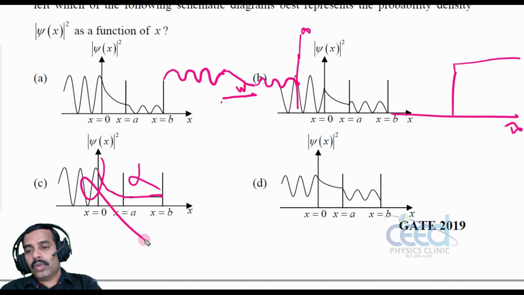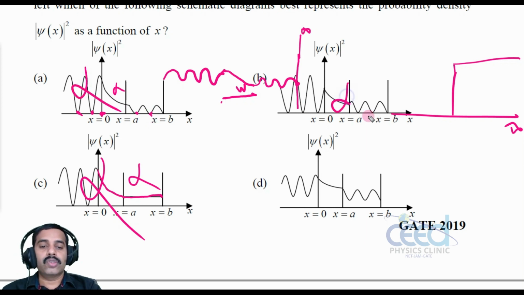Coming to this option, at this point what is the probability, and at this point what is the probability? All these points represent zero probability. But the particle has some probability everywhere, so this is not correct. Even if the wave function is represented like this, we always have some probability density.